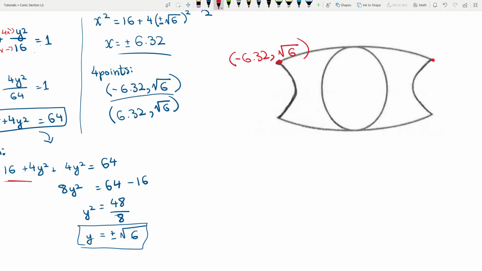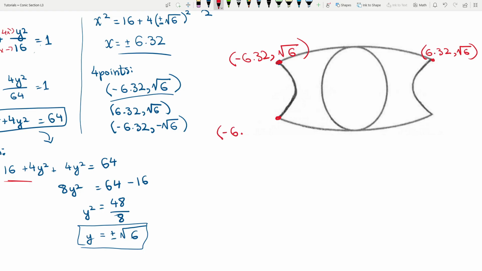Positive 6.32 is like 0.32, 6. Okay. Our next point is negative 6.32 and negative 6, which is going to be here.